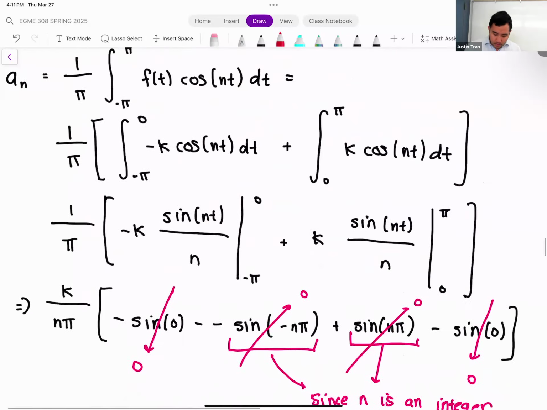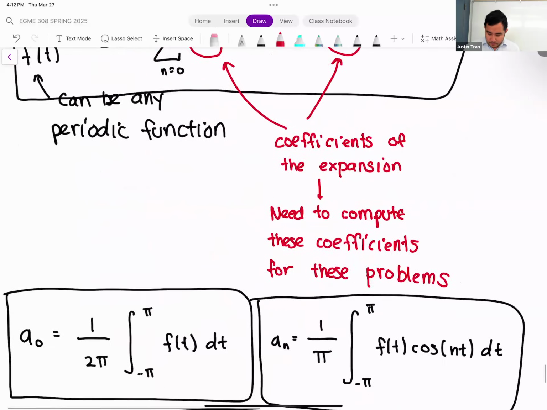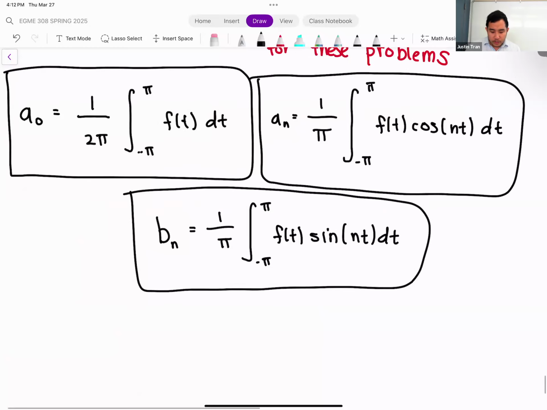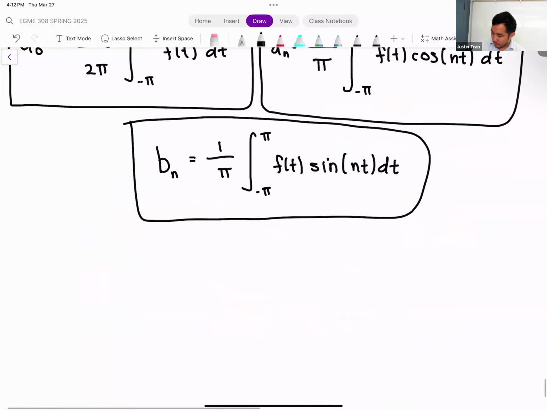Okay. Okay, so let's come back down here. Okay, before we do another example, let's talk a little bit about this infinite summation, right? So that's the elephant in the room right now.